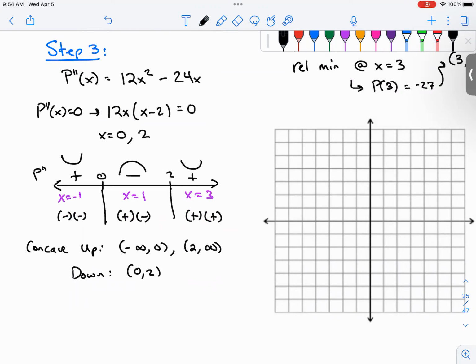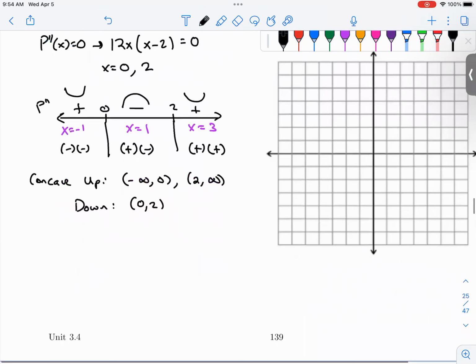So P of 0 and P of 2 both exist, meaning that they are inflection points. That's what you need for an inflection point. The concavity needs to change, and the function needs to be defined there. It needs to be continuous more aptly, but most of the time, that's always going to be the case. So P of 0 is 0, and P of 2 is going to be negative 16.